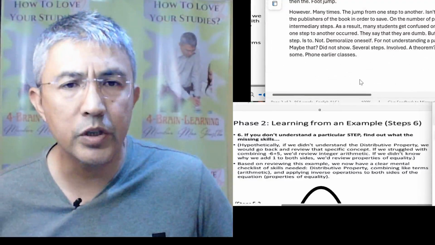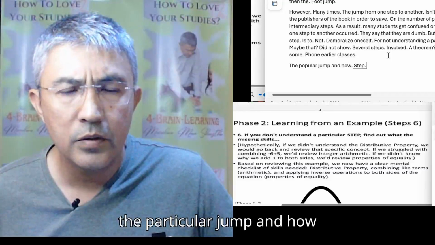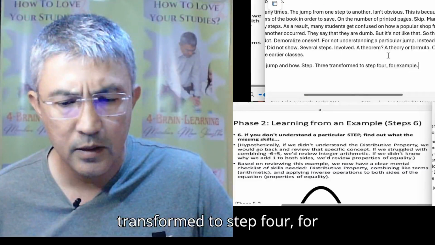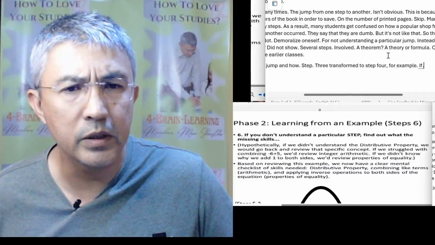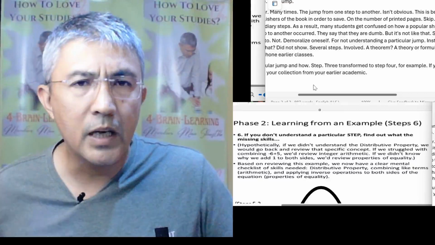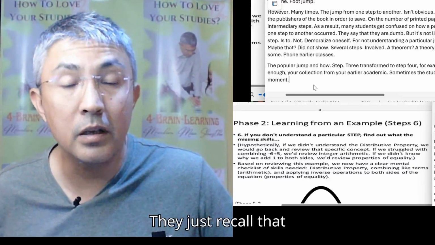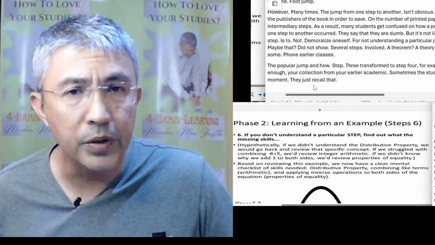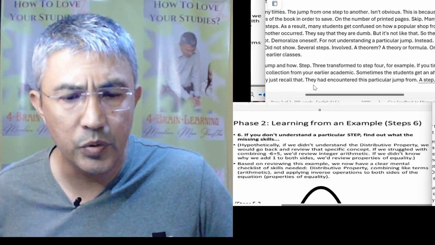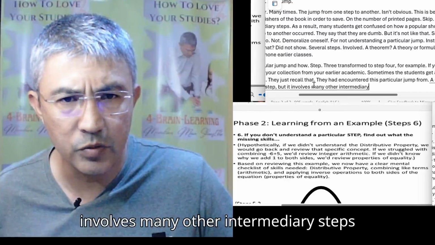Try to recall that particular jump and how step 3 transformed to step 4, for example. If you try hard enough, sometimes students get an aha moment from recollection of their earlier academics. They just recall that they had encountered this particular jump from one step to another, but it involves many other intermediary steps which are not shown here.